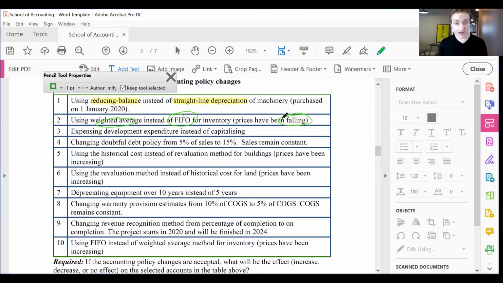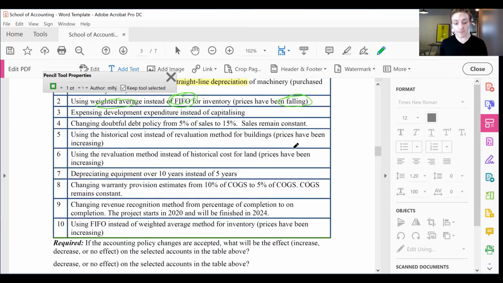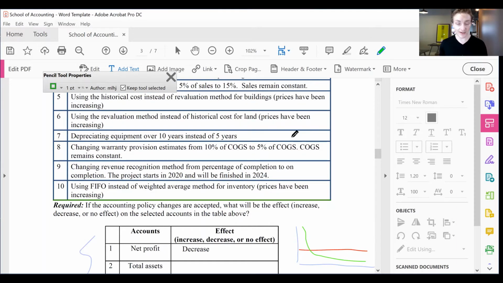This basically means that FIFO is going to have a higher COGS and a lower inventory than would weighted average, because under weighted average, the price per unit is the same across the whole year here, because you're taking a weighted average of all of the units you've purchased. So here we'd be using weighted average instead of FIFO when prices have been falling. And we're being asked, what is the impact of this on total assets?